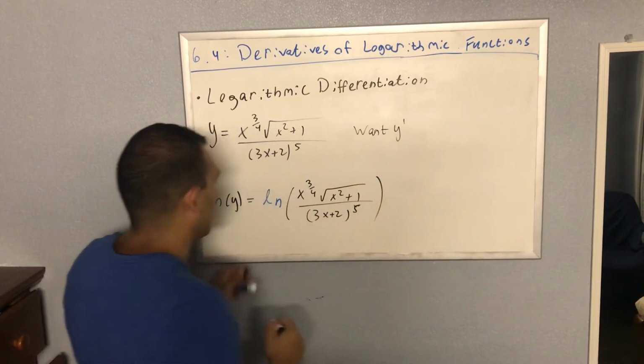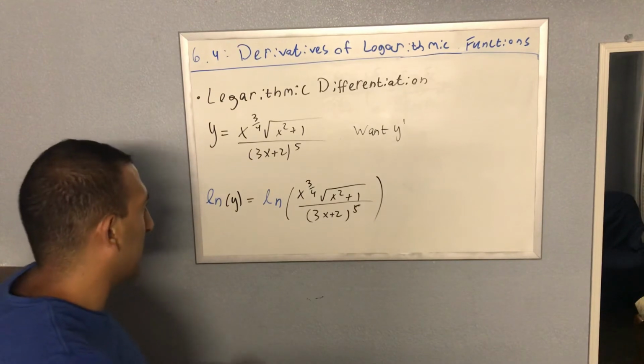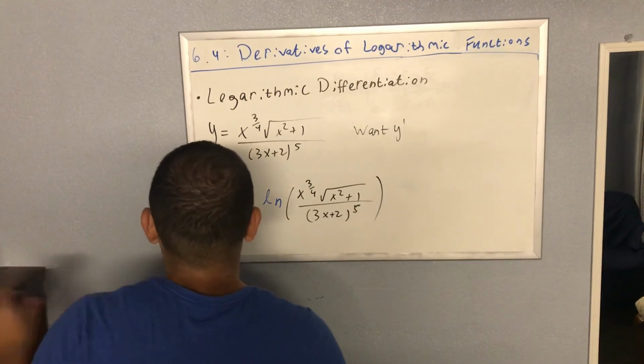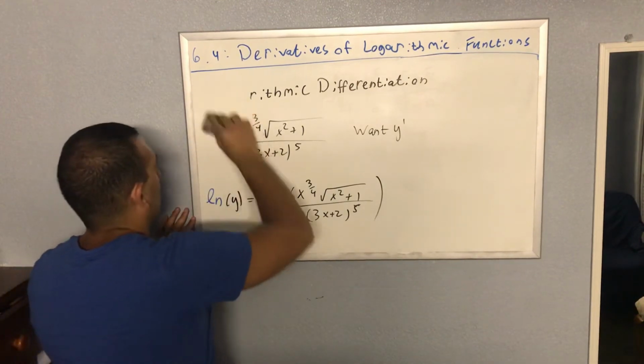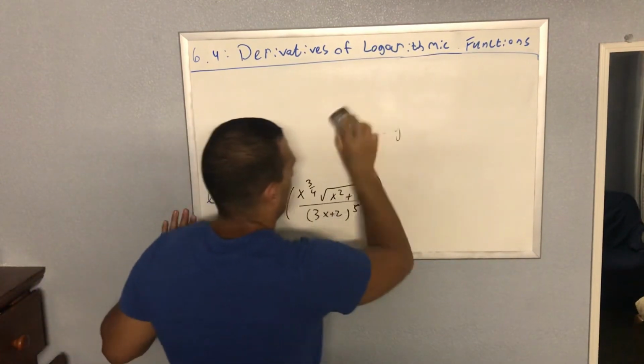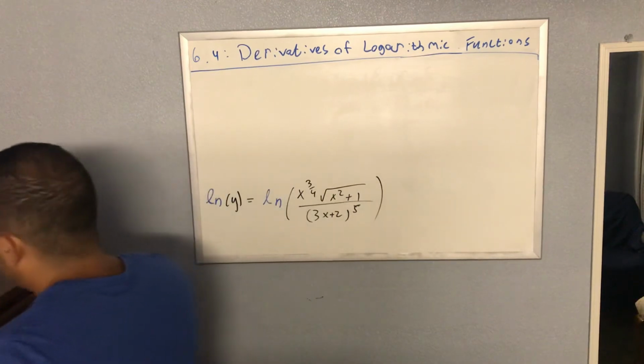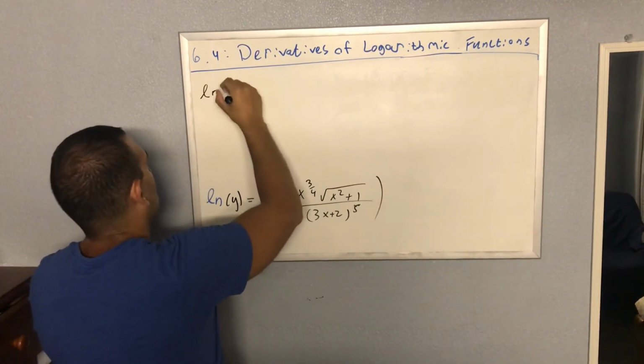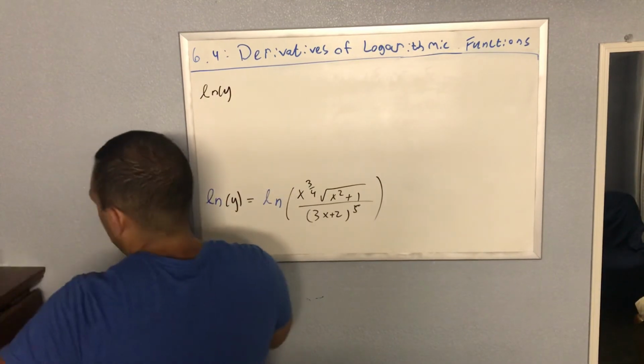Okay, so we have this. All we did is take the ln of both sides. Nothing wrong with that. The reason why this is so nice is the left-hand side, big whoop, you just get the ln of y. That's not much different.